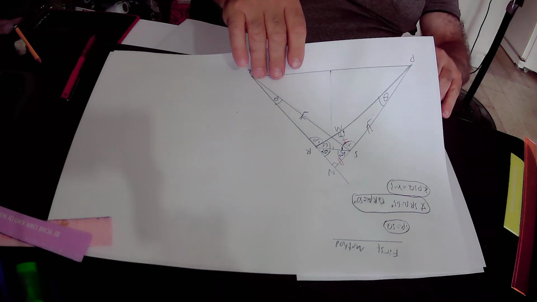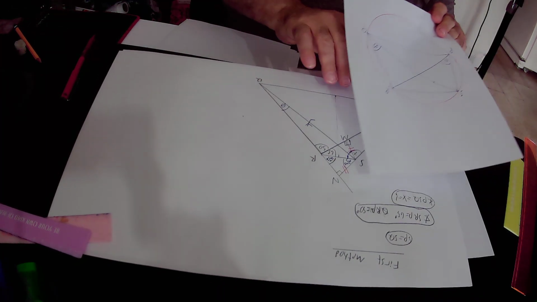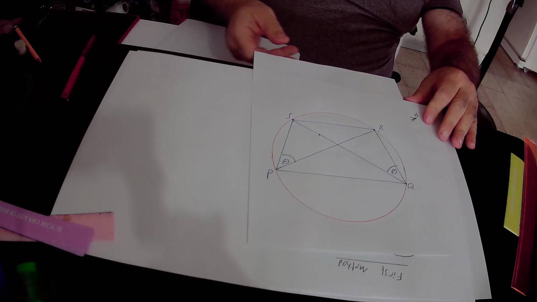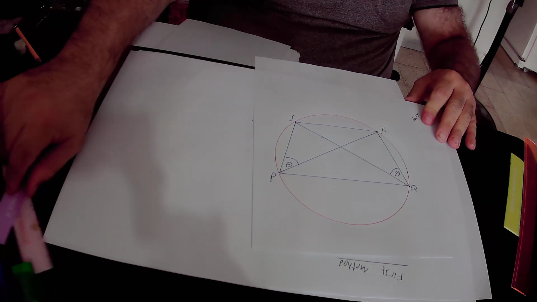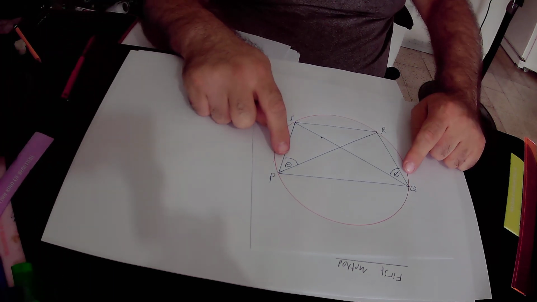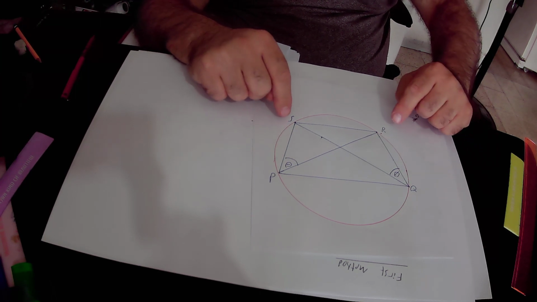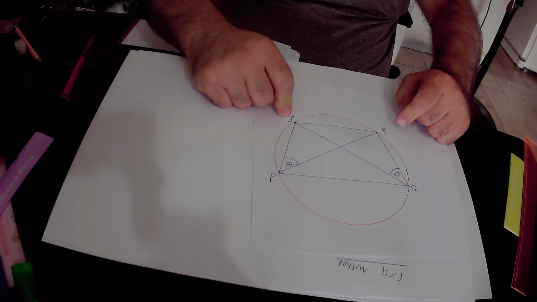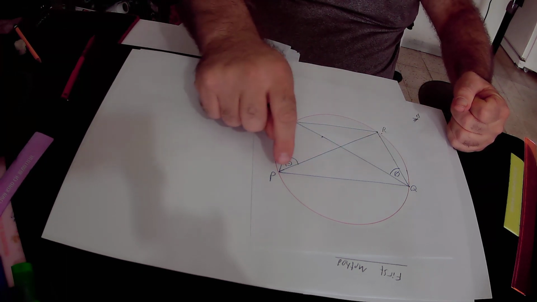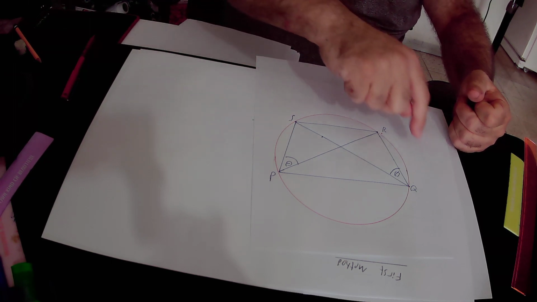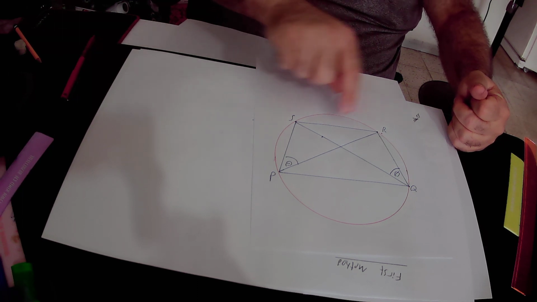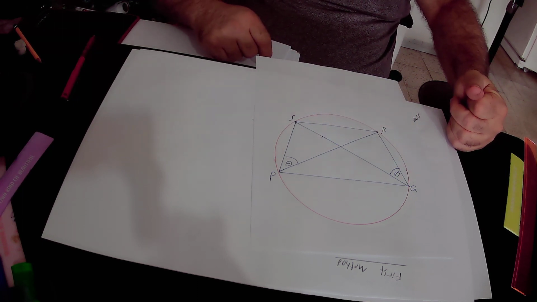Okay? So, actually, according to rule number 1, because those two equal angles subtend the same line segment SR, then the quadrilateral SRPQ is inscribed by the red circle, and the 4 points S, R, P, and Q lie on that circle.